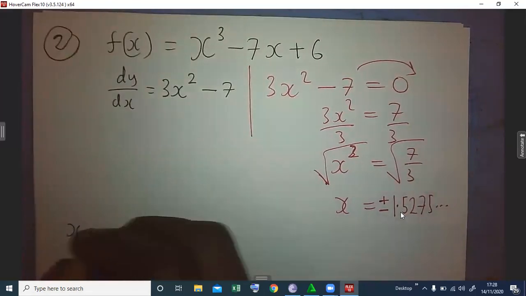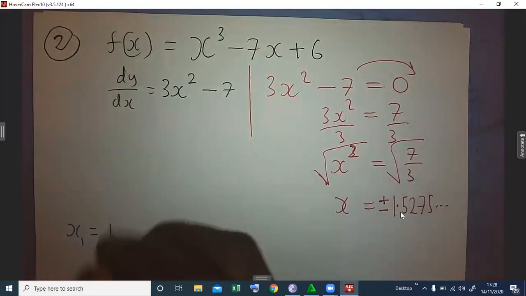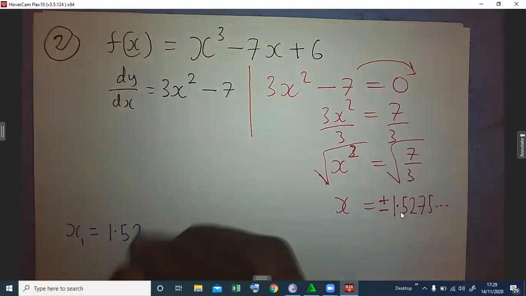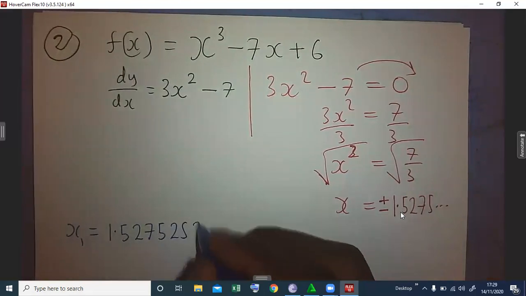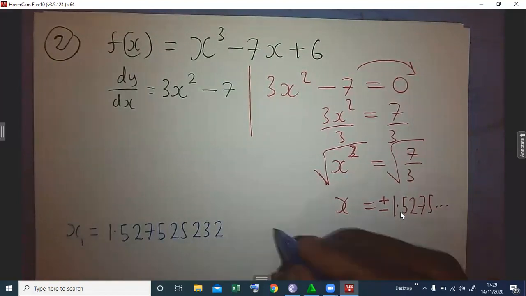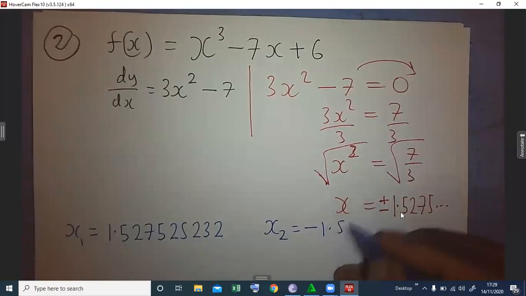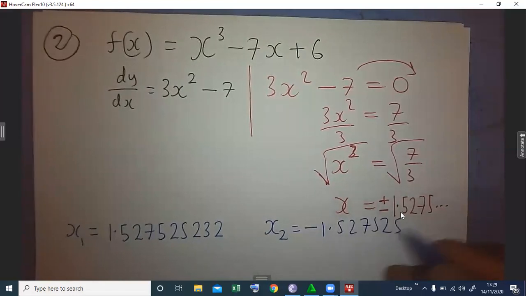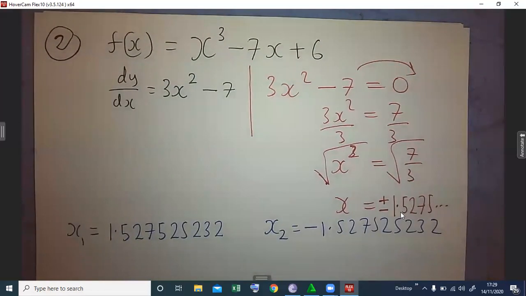The first x reading will have a positive answer, and that positive answer will be 1.5275252232. Full answer from the calculator. And then the second one will have minus 1.5275252232. Then I must use the full calculator answer to find the readings for y.